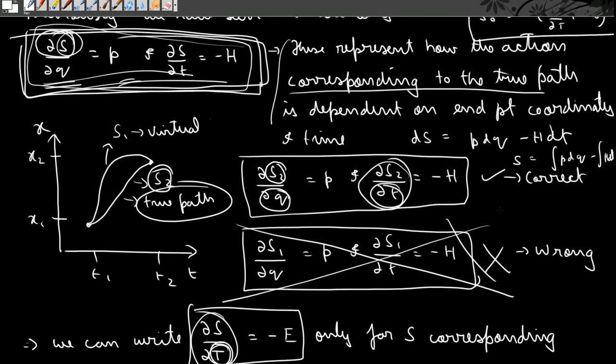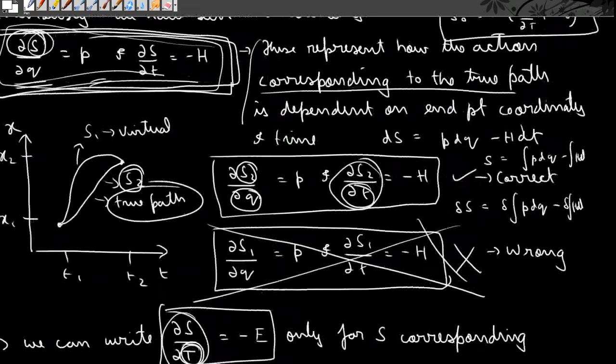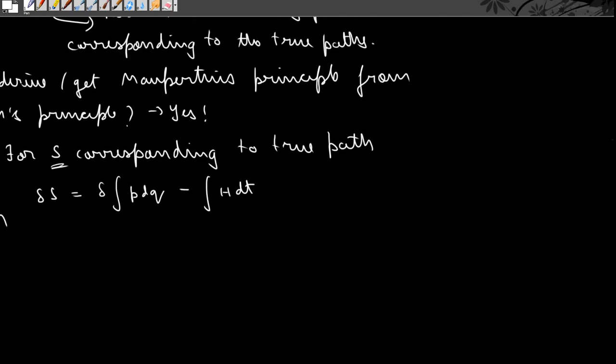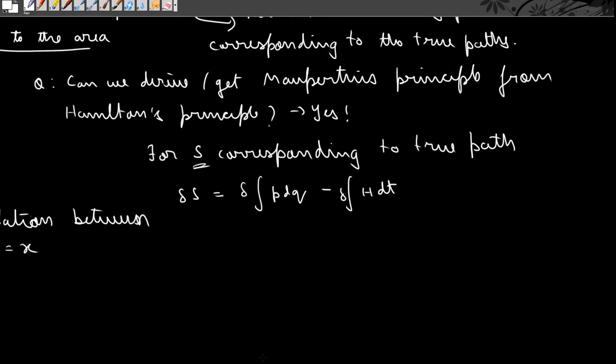So variation of S will be equal to variation of integral P dq minus variation of integral H dt. Okay, and that is what I am writing here. And remember, this relation is true only when we consider S corresponding to the true path.